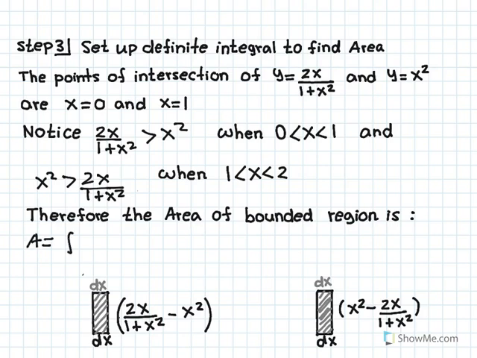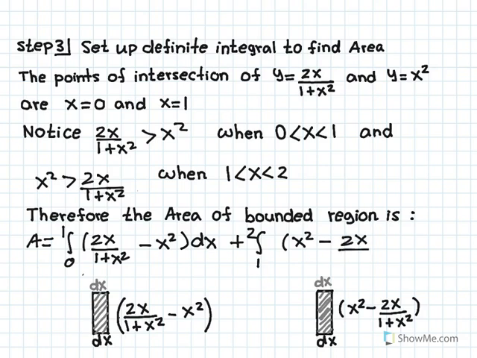So therefore, the area of the bounded region is equal to the integral from 0 to 1 of 2x divided by 1 plus x squared minus x squared with respect to x, plus the integral from 1 to 2 of x squared minus 2x divided by 1 plus x squared dx.